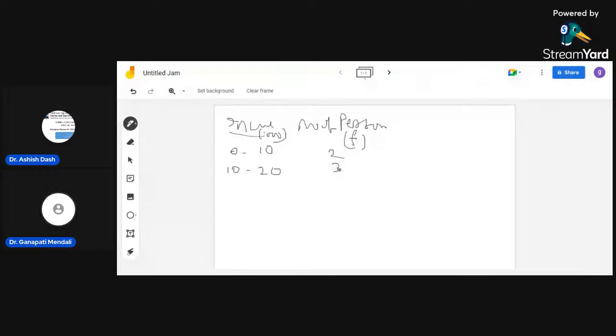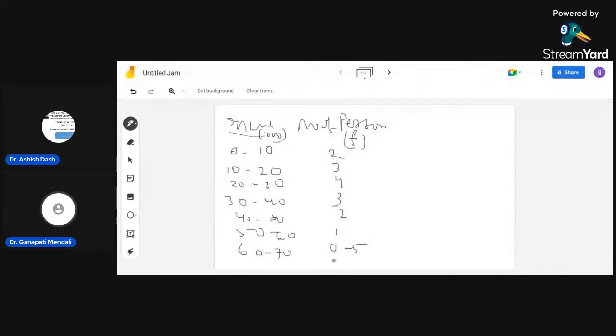Then 20 to 30: 400 people. 30 to 40: again 300 people. 40 to 50: 200 people. 50 to 60: 100 people. 60 to 70: 50 people.